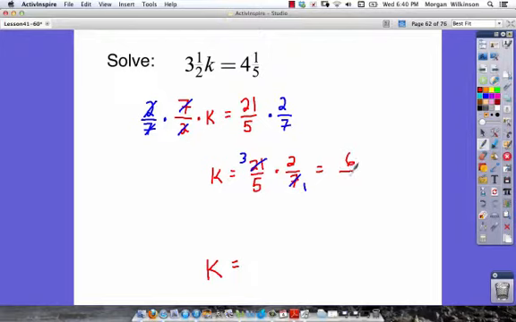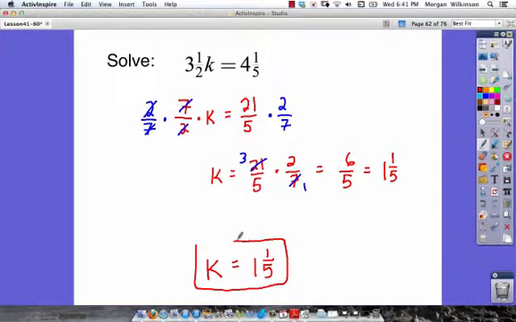And 5 times 1 is going to give us 5. So we've got an answer of 6/5. Or we could say that's going to be 1 1/5. I'm going to report my answer this time as 1 1/5. Remember, both answers will get us full credit because they're both exactly the same spot on the number line. Use whichever one you prefer. And we're all done. We found out what k is equal to.